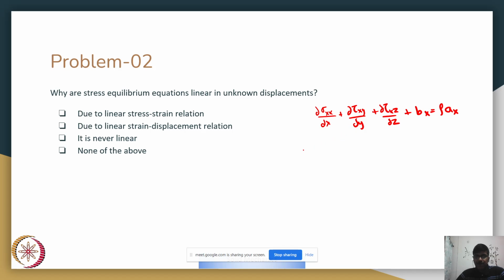And so what we have after this is, if we use linear stress strain relation, and you further combine that with linear strain displacement relation.